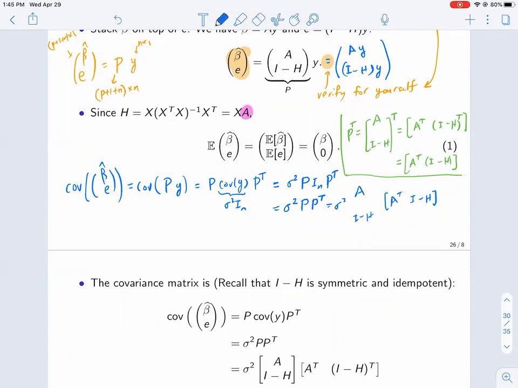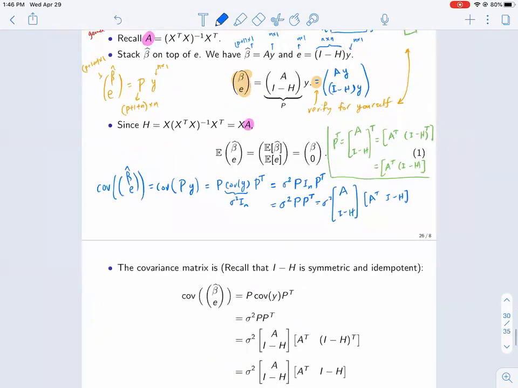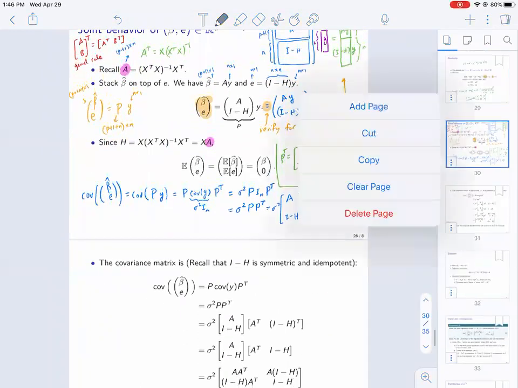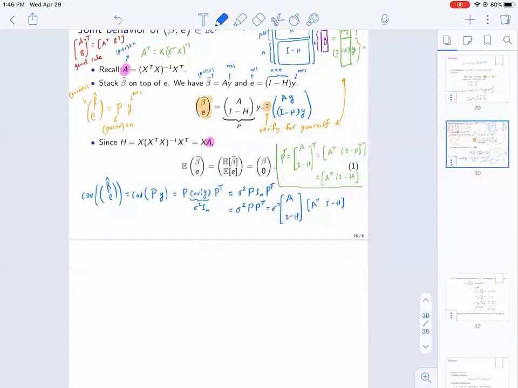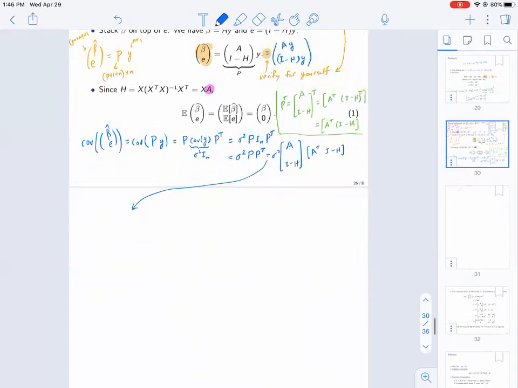So what is the next step? Anyone? So this is a tricky part. The dimensions match, and so what I can do is treat this as if the entries are just numbers.